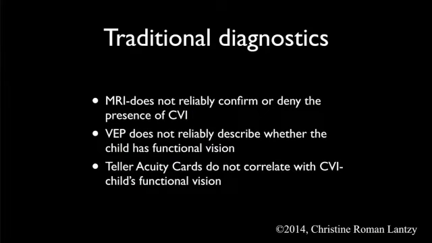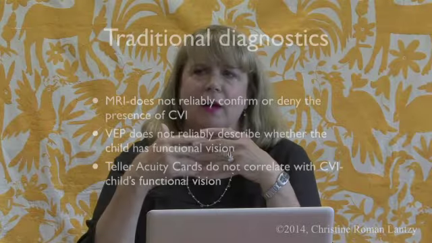Another example is the Teller acuity cards. The striped cards that are used very often for children who are nonverbal or for infants are based on novelty theory, that the child will look at the most discrepant pattern. So when just a gray card or a plain card is presented and then a bold stripe, the child is obligated to look at the bold stripe.